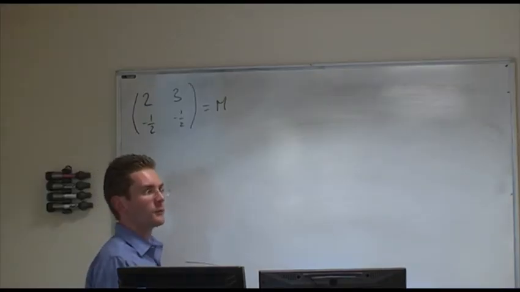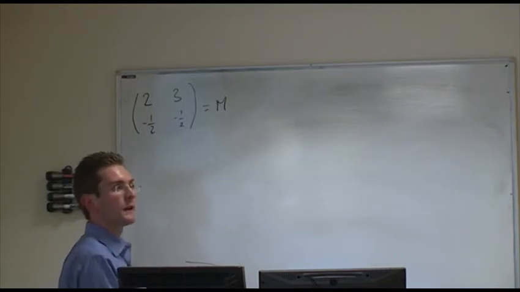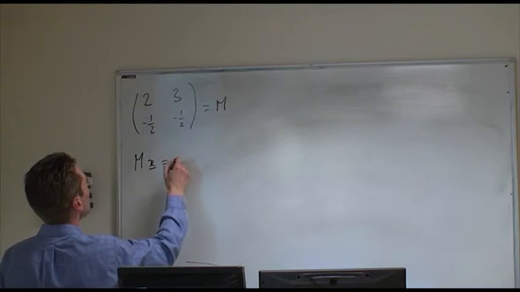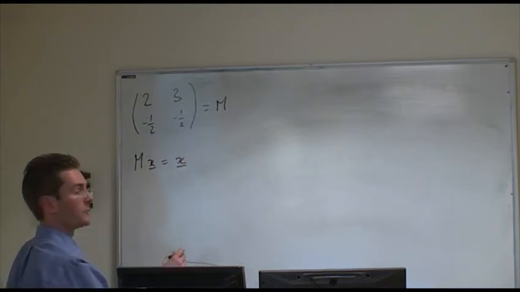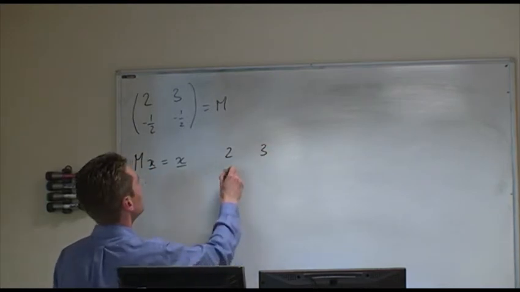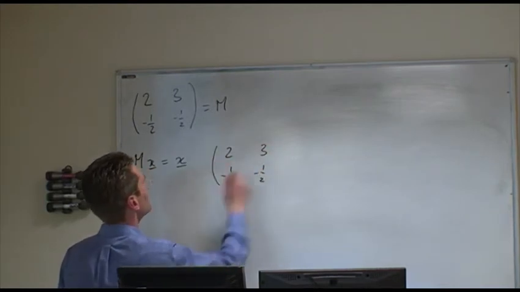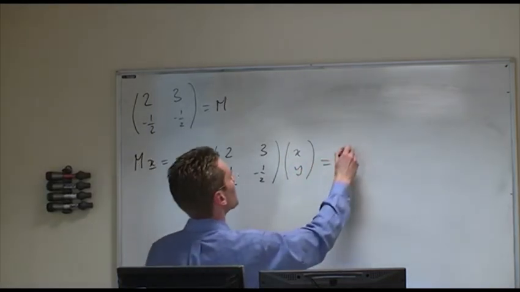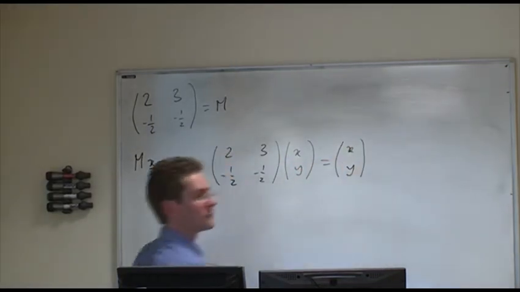Once we know the eigenvalues, we can calculate the eigenvectors by computation. So my first eigenvalue was lambda equals 1, so I wish to solve the vector equation Mx equals 1 times x. To substitute this in, that's 2, 3, minus 1/2, minus 1/2 times (x, y) is equal to (x, y).